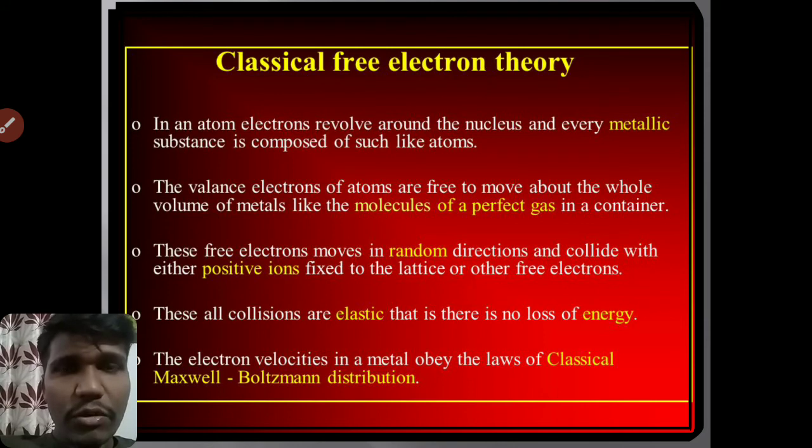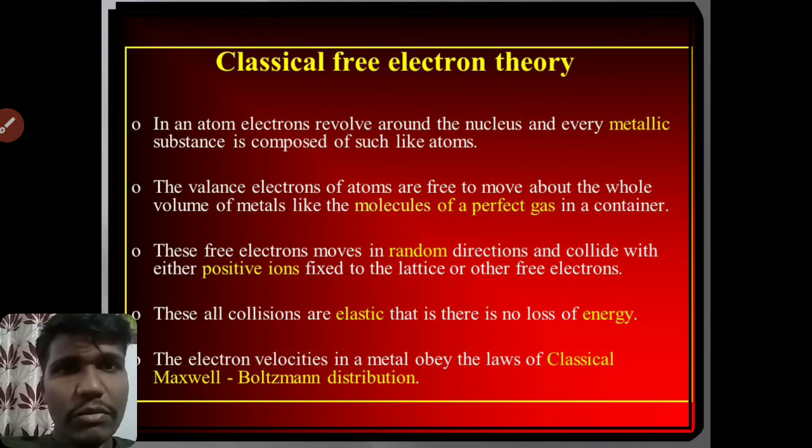The free electrons move in random directions and collide with either positive ions fixed to the lattice or other free electrons. When current flows, the electrons flow in an aligned direction. All collisions are elastic, so there is no loss of energy.